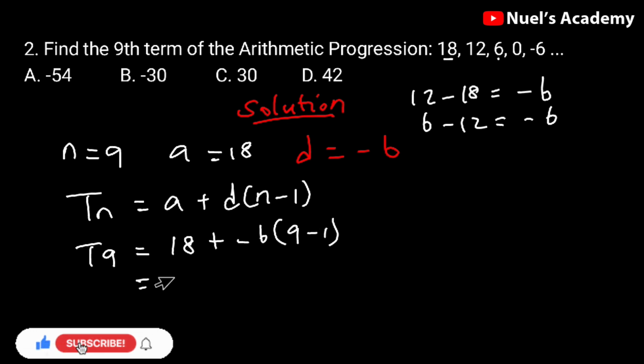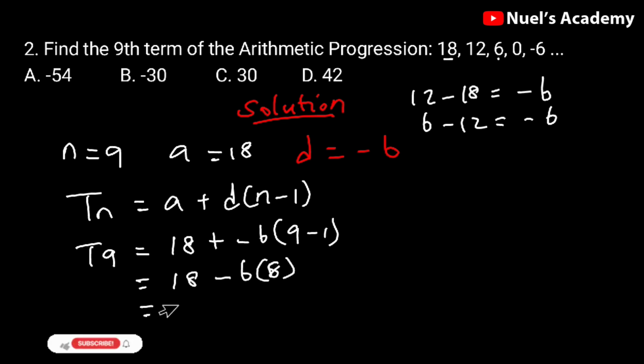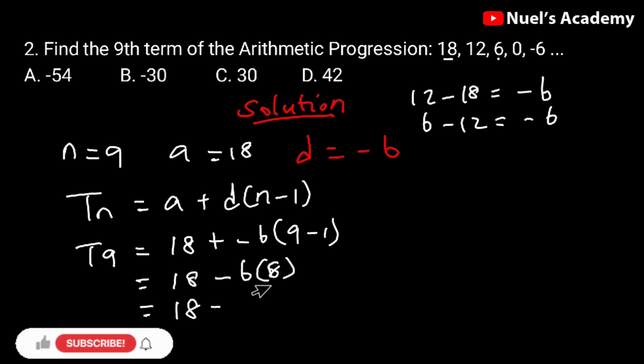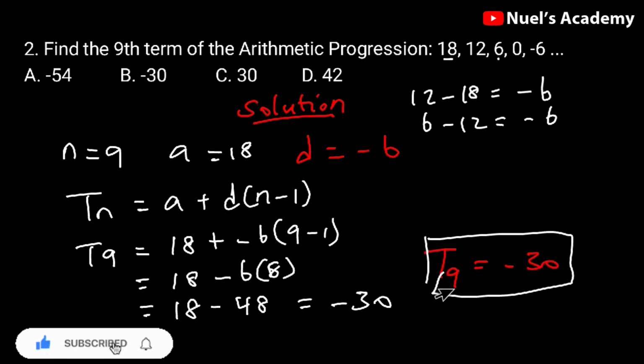So this is equal to 18 plus minus 6 times 8, which is 18 minus 48, equal to minus 30. So the ninth term of this AP is equal to minus 30, and this is the answer to this question.